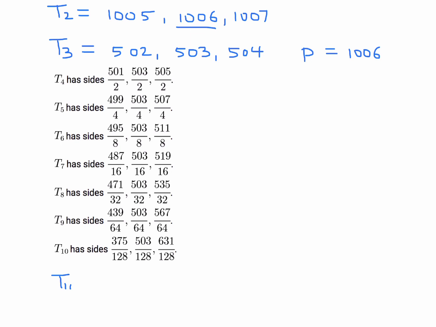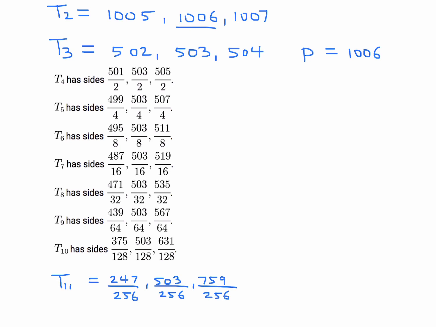And then when you get to T11, and you use these standard formulas with the right substitutions, you will get the following: 247 over 256, 503 over 256, and 759 over 256.